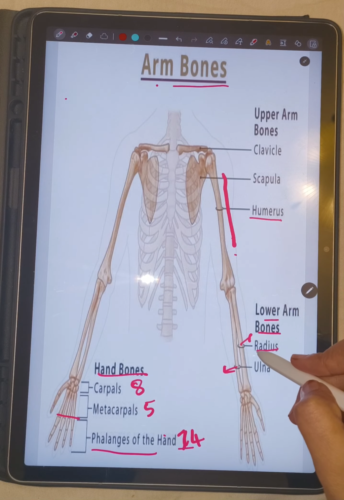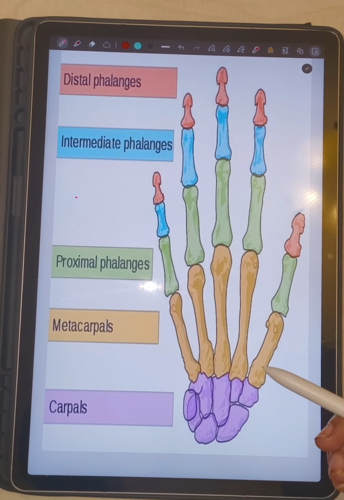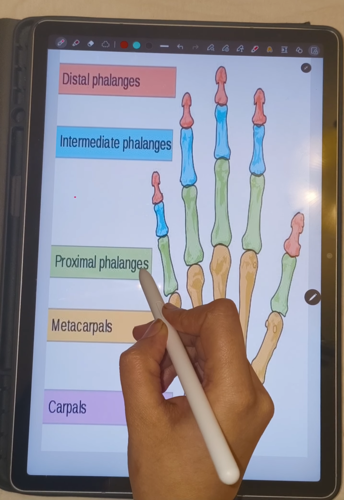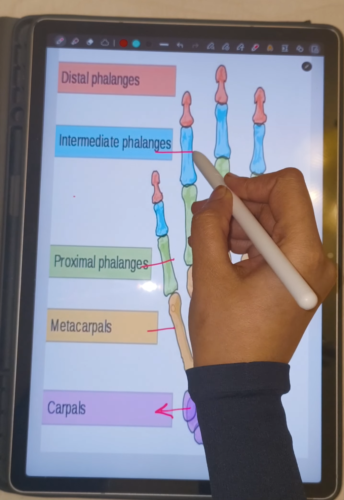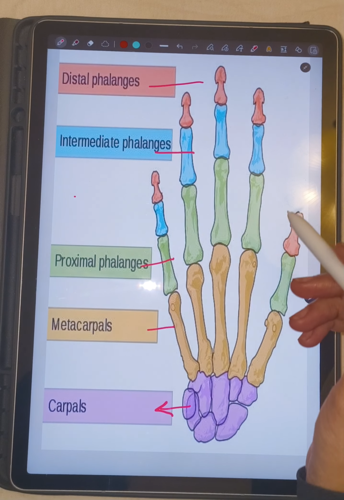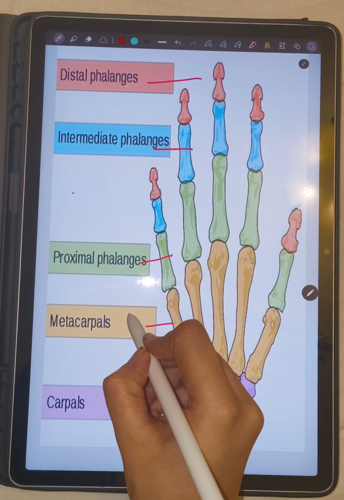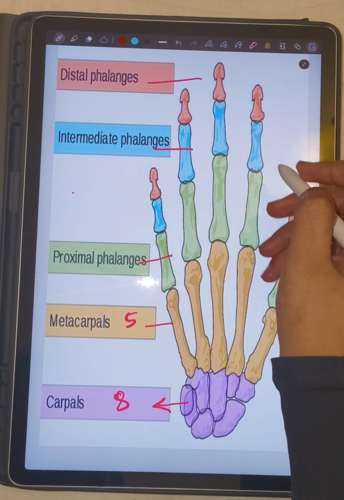So these are the pectoral girdle bones. Next, these are the hand bones. This is the carpal bone, metacarpal bone, proximal phalanges, intermediate phalanges, and distal phalanges. Carpals are 8, metacarpals are 5, and phalanges are 14.